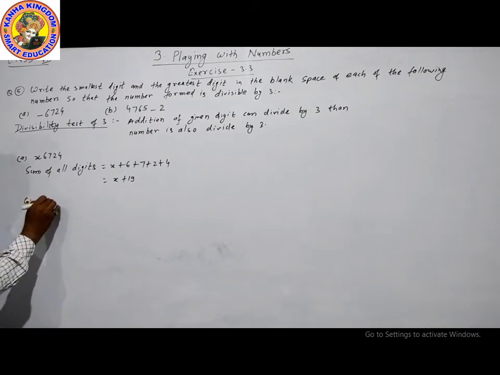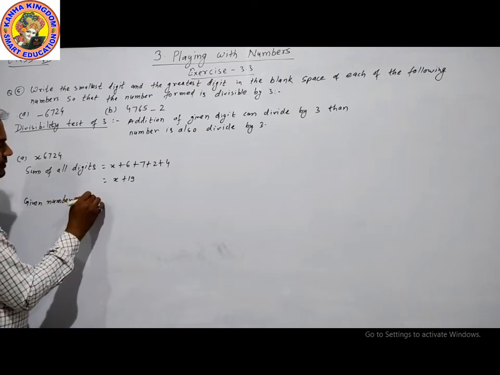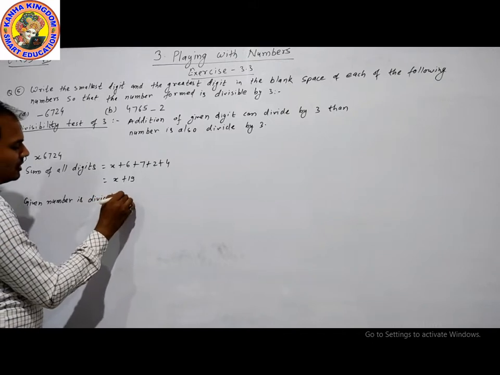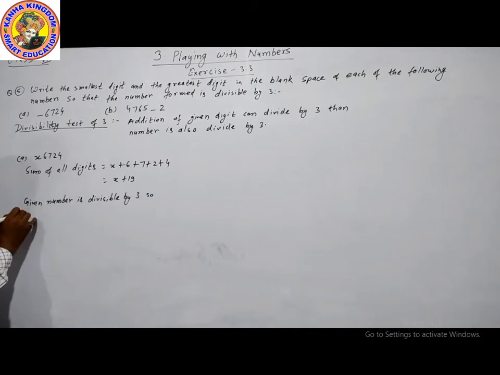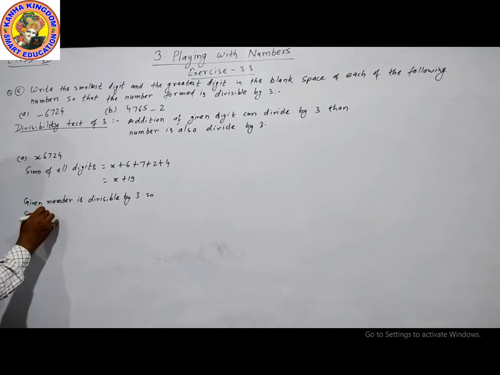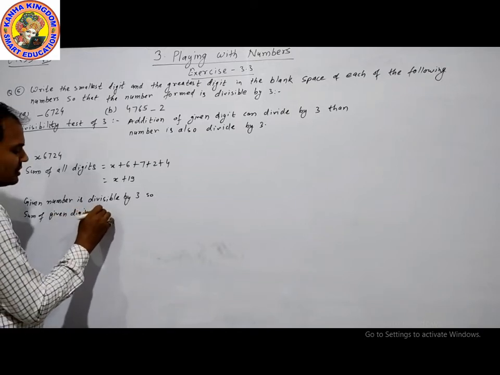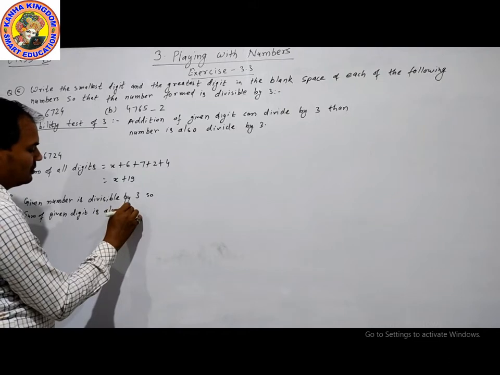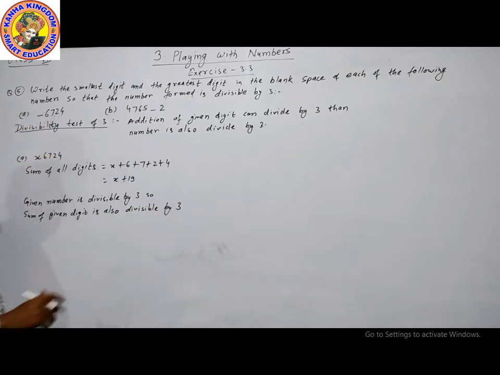The given number is divisible by 3, so the sum of the given digits is also divisible by 3.